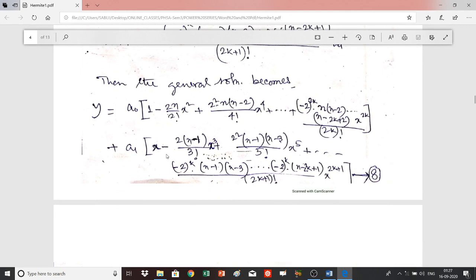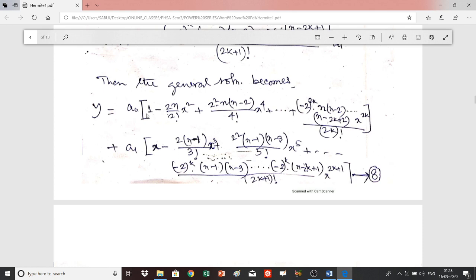But since these are solutions of the same differential equation, in equation 8 this term cannot be there, as these are two independent solutions. So the solution as given in equation 10 cannot be here.